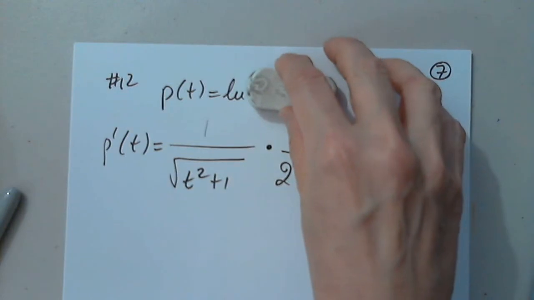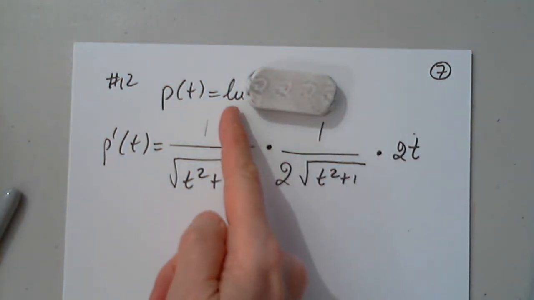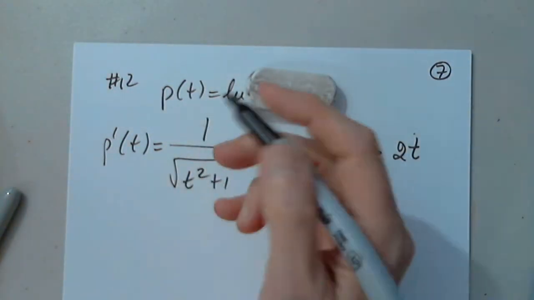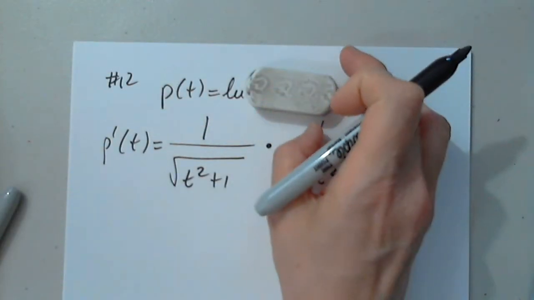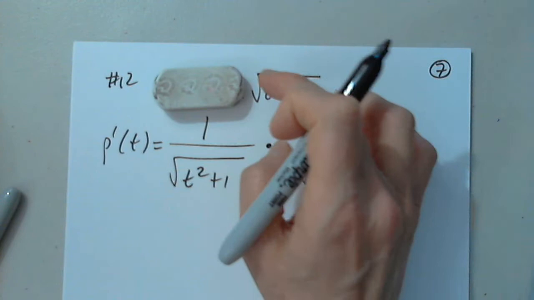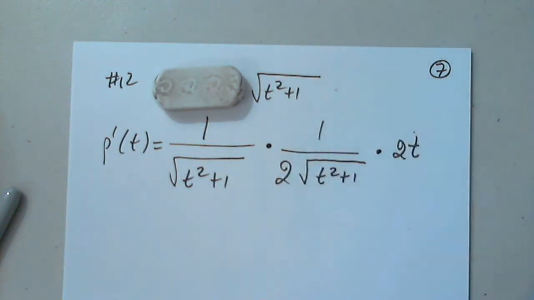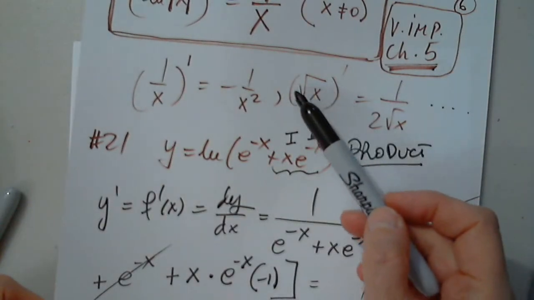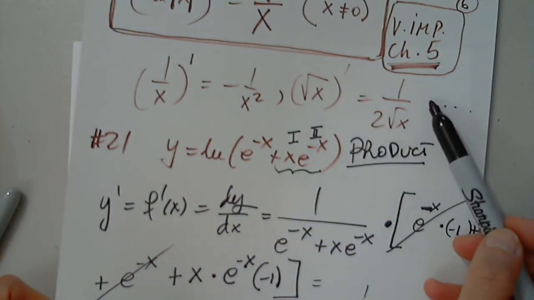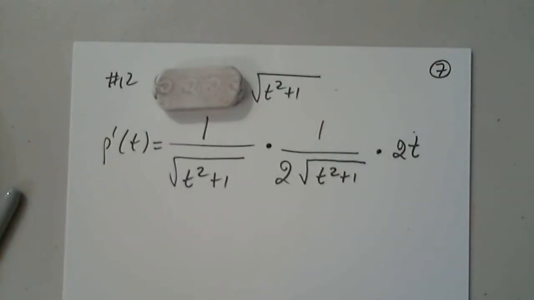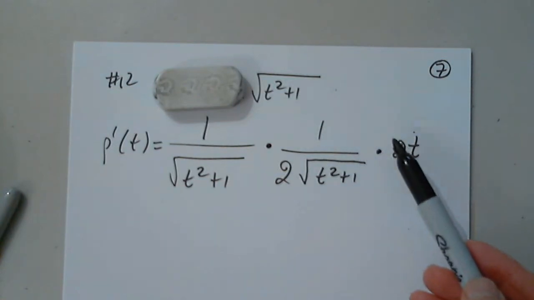Okay, so here we see 1, 2, 3. So first, I differentiate natural log. When I differentiate natural log, I have 1 over this times this prime. Now I uncover, oh, I see the square root. Okay, I just refreshed my memory on the square root. The square root of a function prime is 1 over 2, the square root of function times the function prime. So it's 1 over 2 the square root times the inner function prime.